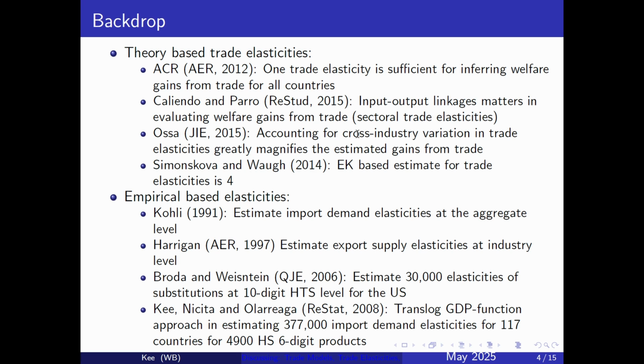What started the storm was what I call the theory-based trade elasticity literature. We have Costa's paper here saying that one trade elasticity is sufficient to characterize everything. You have import share in GDP, you have one sufficient statistic called the trade elasticity.